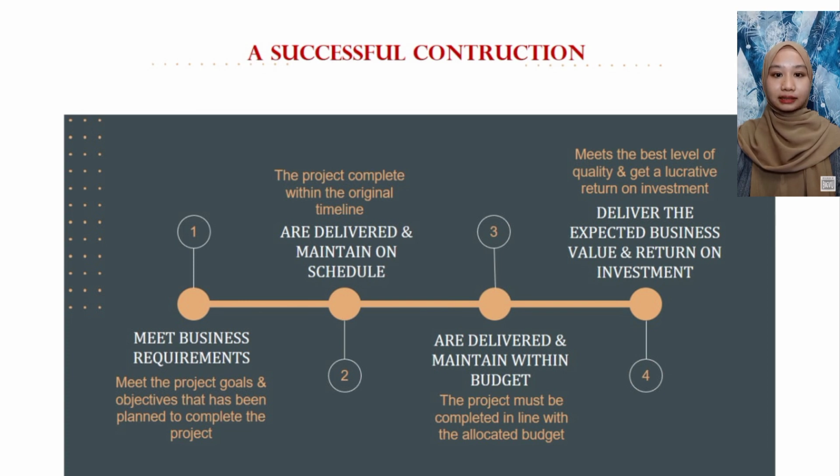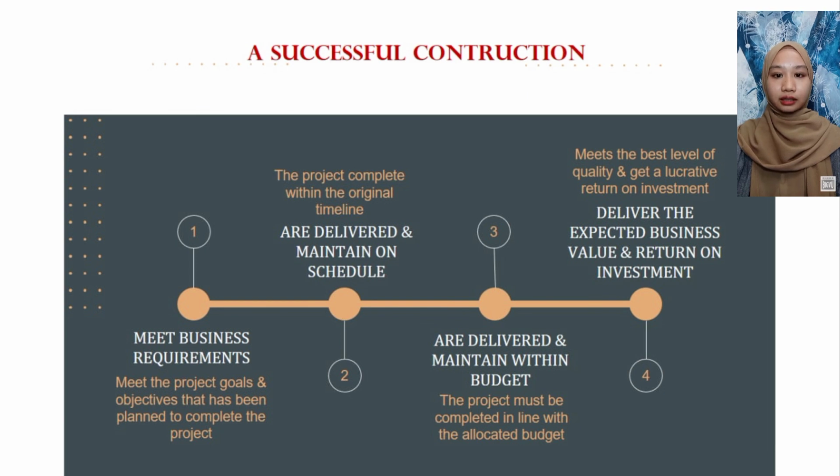Project management success is often determined by whether or not you keep to the original timeline. So, a successful project must follow its timetable that has an outlined start and end, where the project must be completed on time. 3. Delivered and maintained within budget.